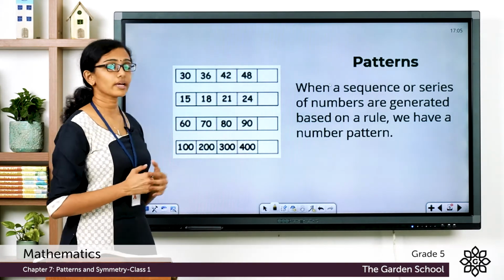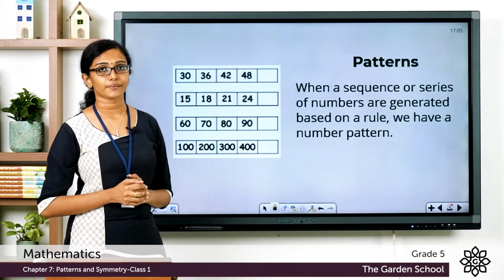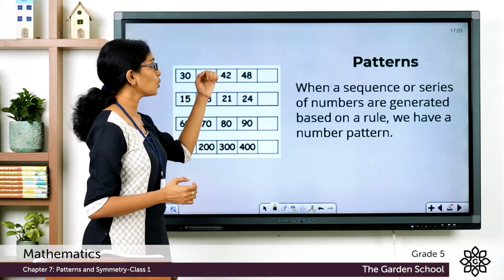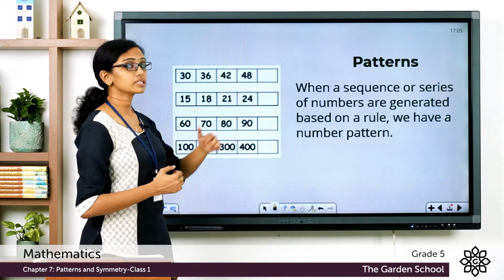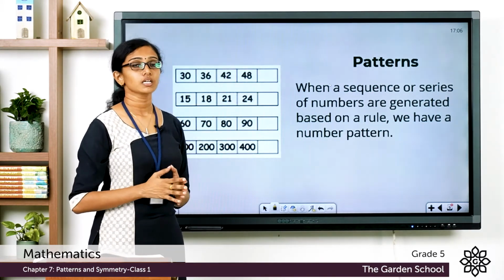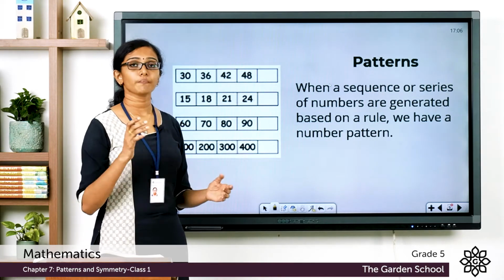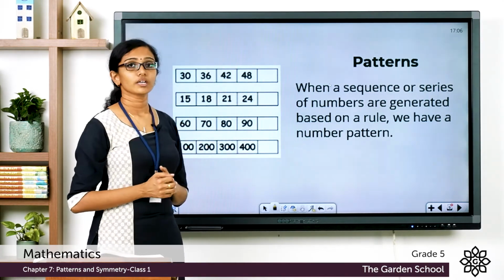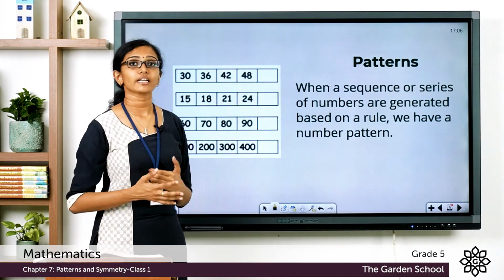Here you can see a few examples of number patterns. The first one: 30, 36, 42, 48. None of the numbers are repeating, but the numbers are generated based on a logic or a rule. In this case, can you identify what is that logic?